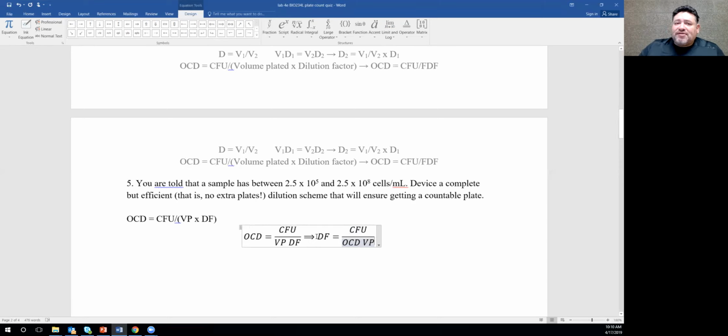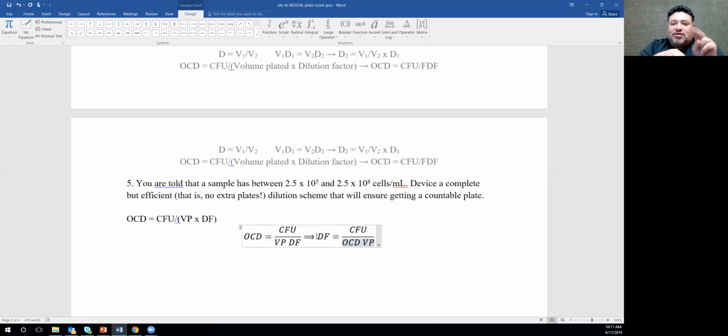So this is a formula that we have to solve exactly twice. Really there are 4 permutations. If you look at it, we have 2 CFUs. Why 2 CFUs? Because we're trying to reach a countable plate, which is between 30 and 300.